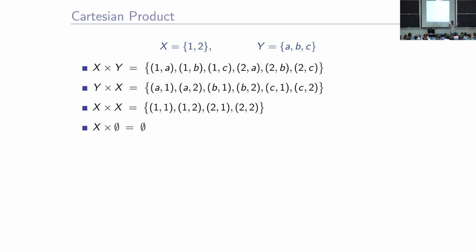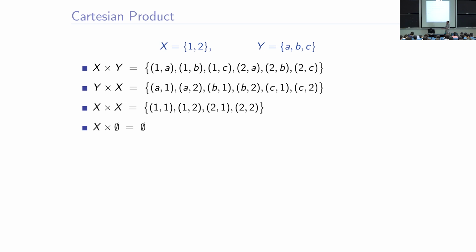The set of all ordered pairs where the first coordinate comes from x and the second coordinate should come from the empty set, right? So, how many ordered pairs are there? Or just give me any element. You take all elements of x and pair it with nothing. How many pairs do you get? You see, no pairs, right?